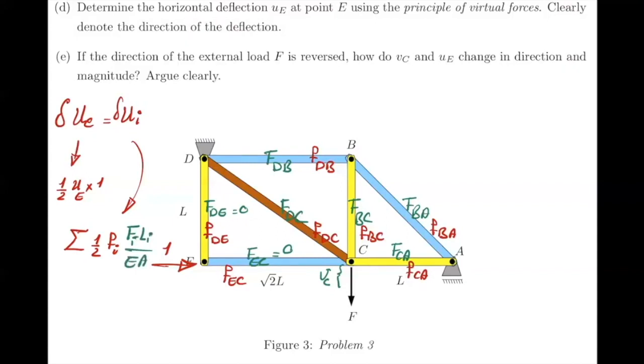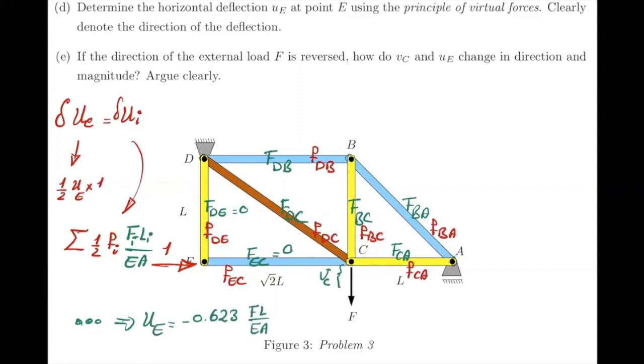Okay, so this is more like a real displacement. This is like a virtual force. But once you do this, and again, previously we did that in a table, you can calculate that. It's just a calculation step. If you do that, you would have UE equals minus 0.623 FL over EA.